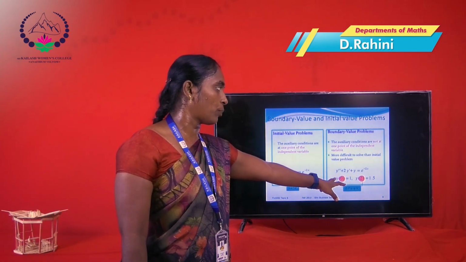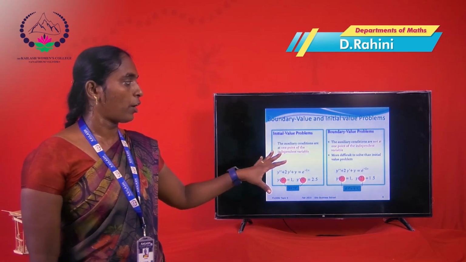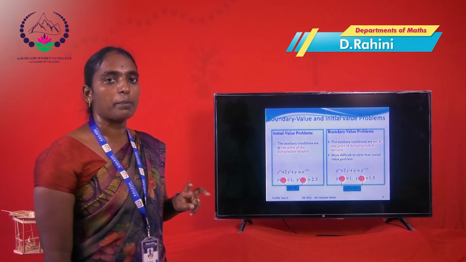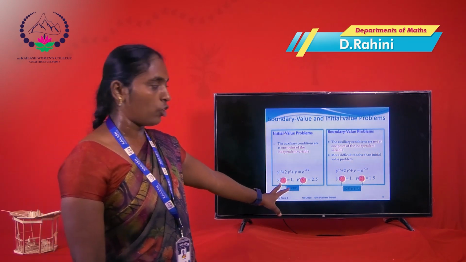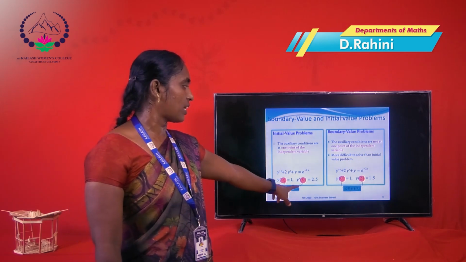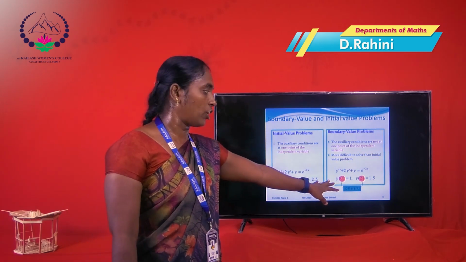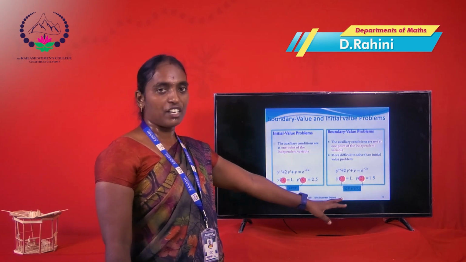In the boundary value problem, the conditions are not at one point of the independent variable; here we use more than one. So these are the two differences between the initial value problem and the boundary value problem. Here the independent variable is 0, and in the boundary value problem the independent variables are 0, 2. So that is the difference.